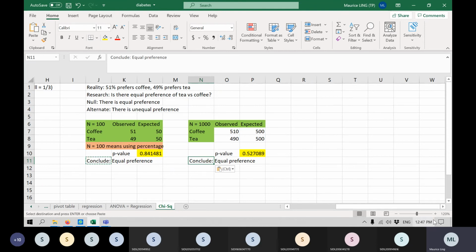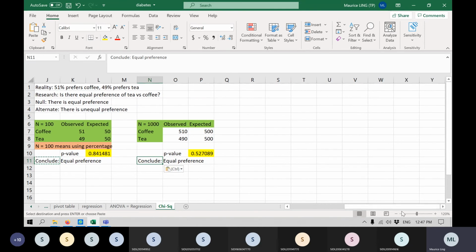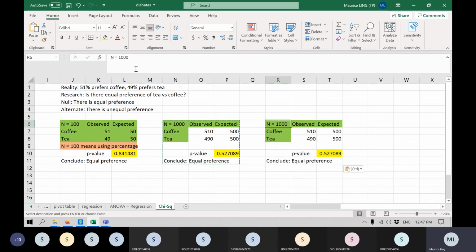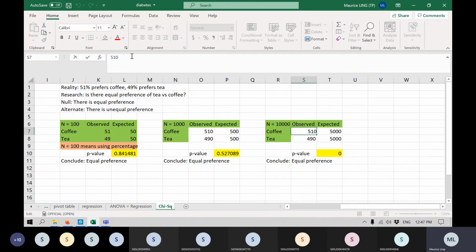Let's say that you are now super energetic and you do more. Instead of 1000, you do 10,000. You survey 10,000 people. Expected will be 5,000, 5,000. Observed: 51% of 10,000 is 5,100, and here is 4,900.